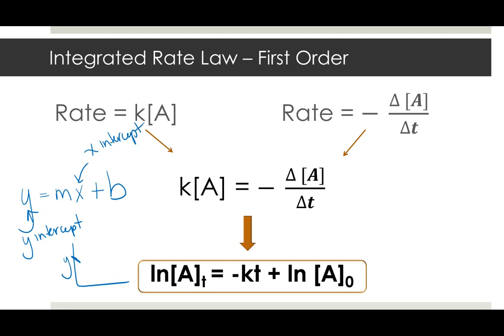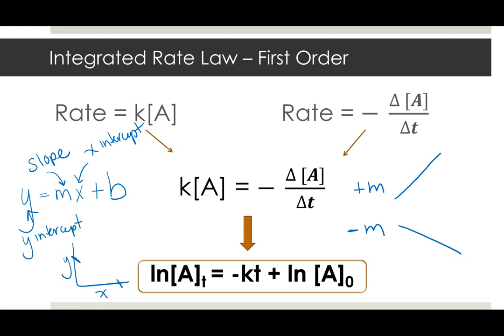The x-intercept is going to be where it crosses the x-axis, right? Okay. What else do we have here? Well, this m is the slope. Okay, so if m is positive, it's going to be a positive slope. If m is negative, it's going to be a negative slope. Okay.